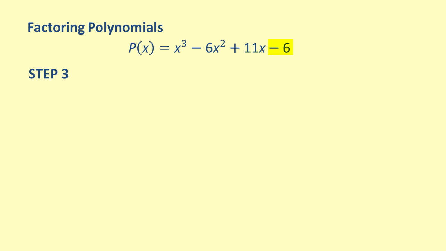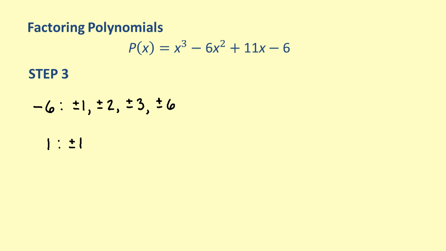To do this, we need the factors for the constant term, which in this case is negative 6, and the factors for the coefficient of the term with the highest power of x, which in this case is x cubed. So, the factors of negative 6 are plus or minus 1, plus or minus 2, plus or minus 3, and plus or minus 6. Since the coefficient of x cubed is just 1, we know the factors are 1 and negative 1.